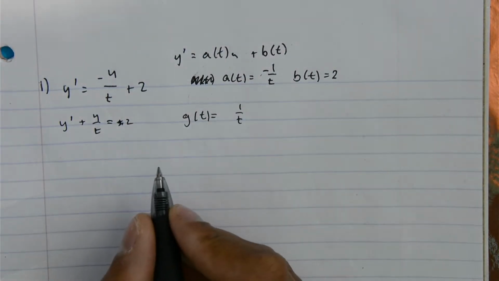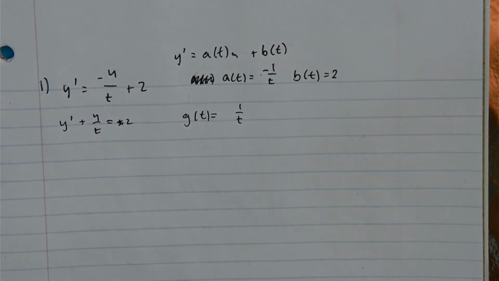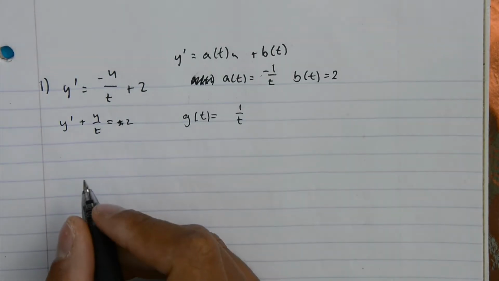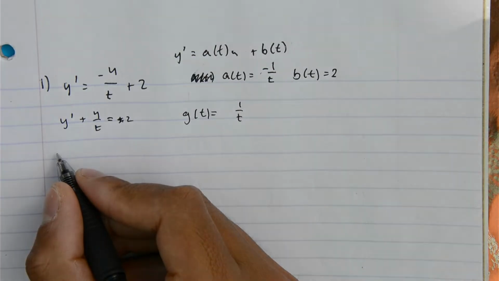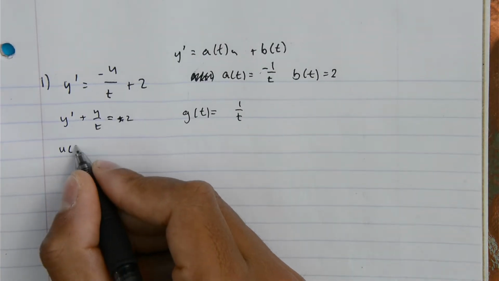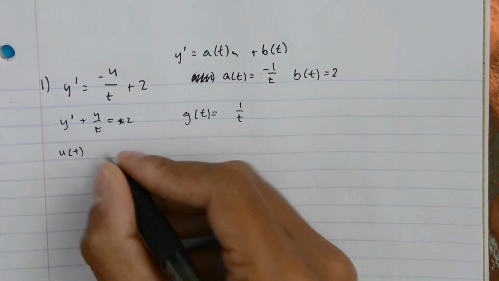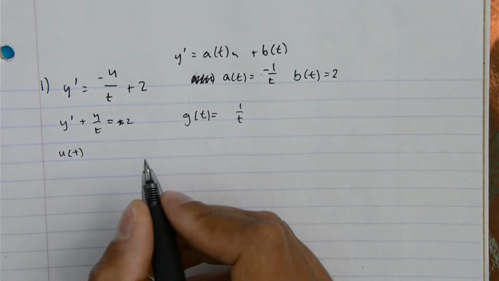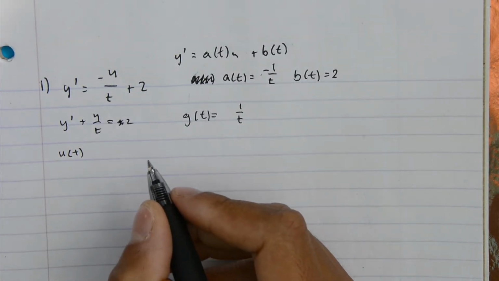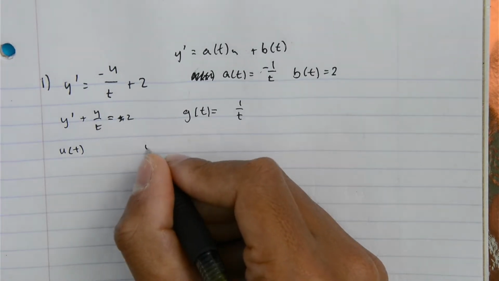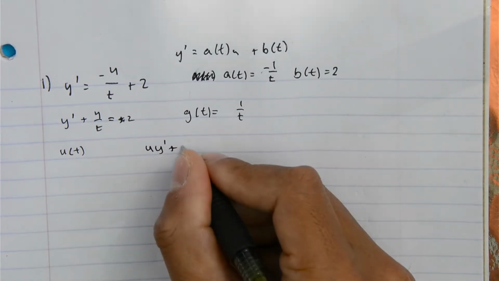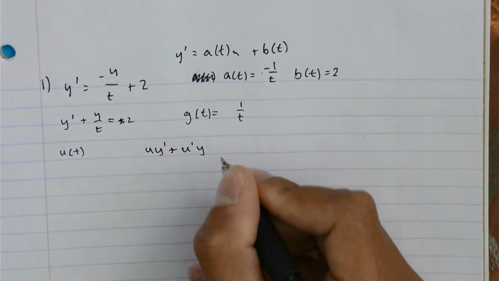Okay, so let's remember what we need to do. We're trying to get a u of t where we end up with u y prime plus u prime y.